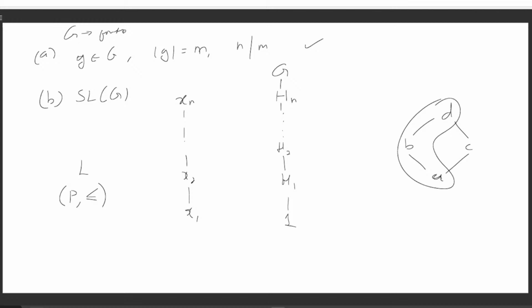If all the subgroups of G actually form a chain, that means you don't have any two subgroups where neither H1 is contained in H2 nor H2 is contained in H1. Any two subgroups, one of them contains the other.